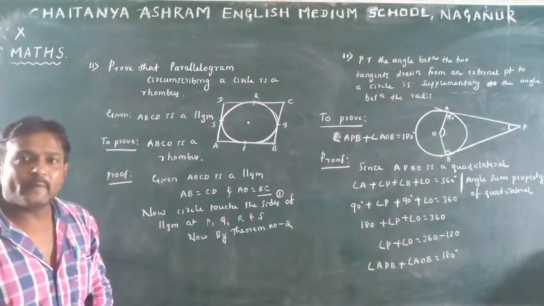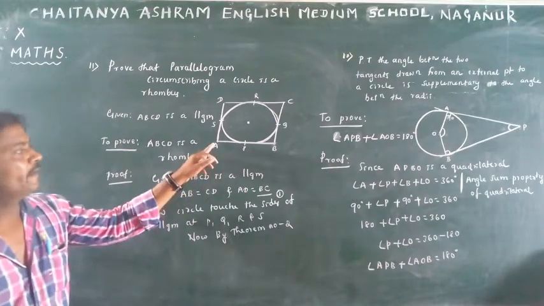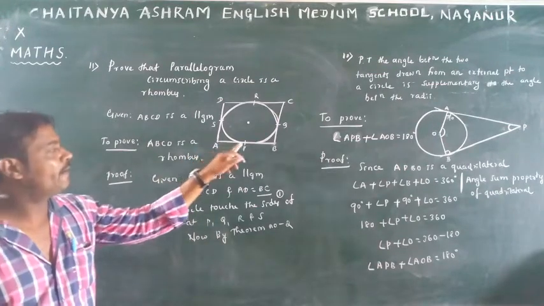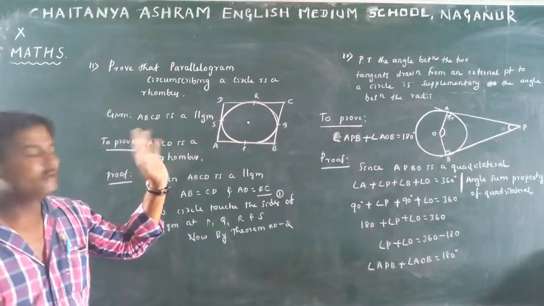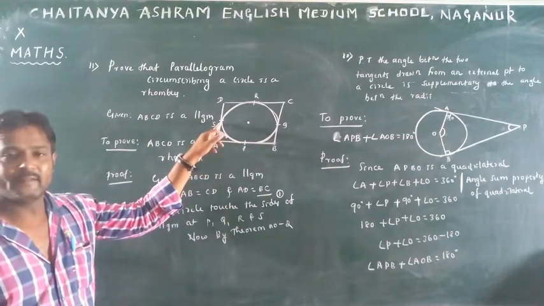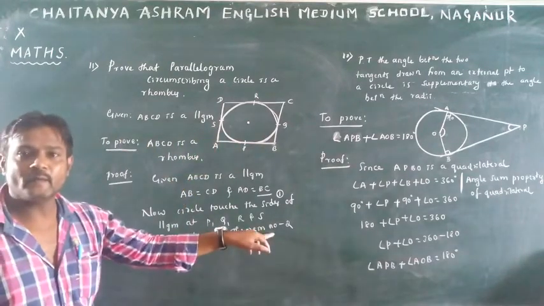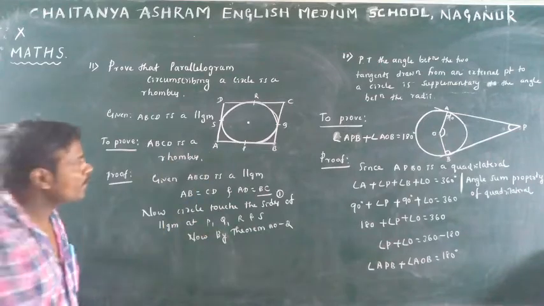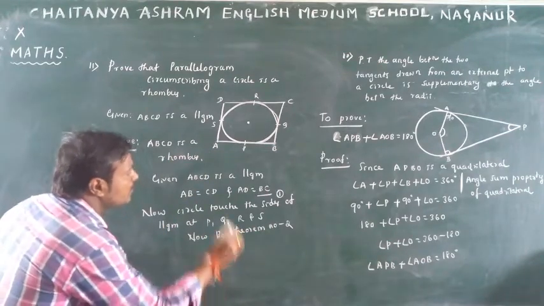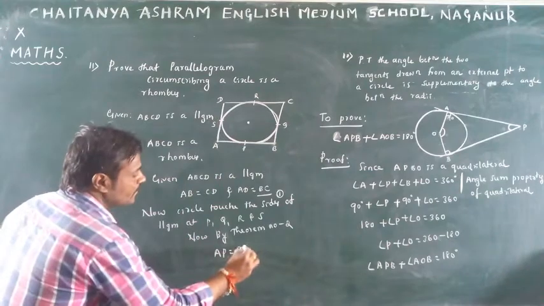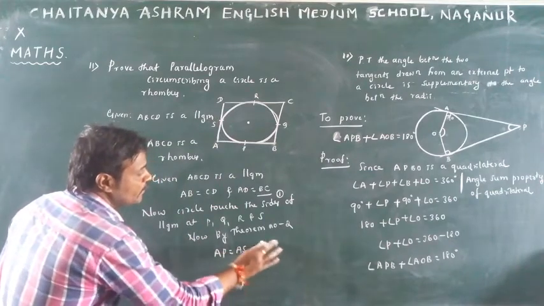So apply theorem number 2. Here A is an external point, AP and AS are tangents, so they are equal in length. So AP is equal to AS. Say this is 2.